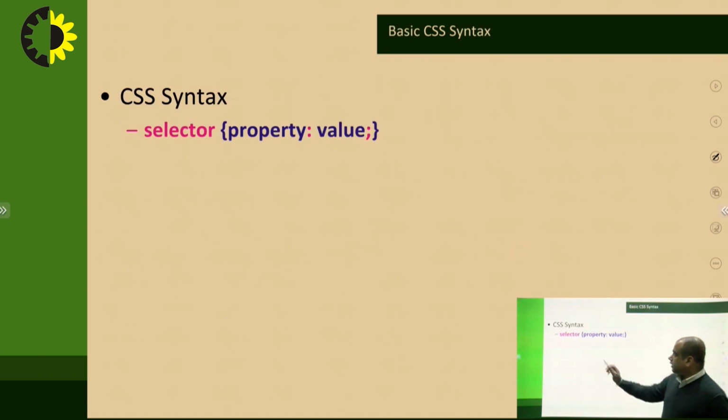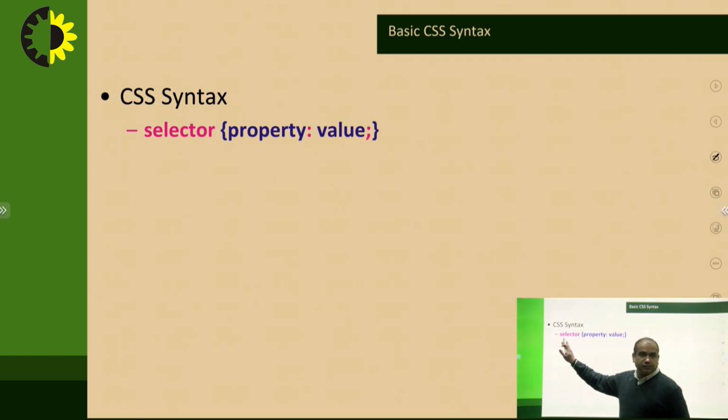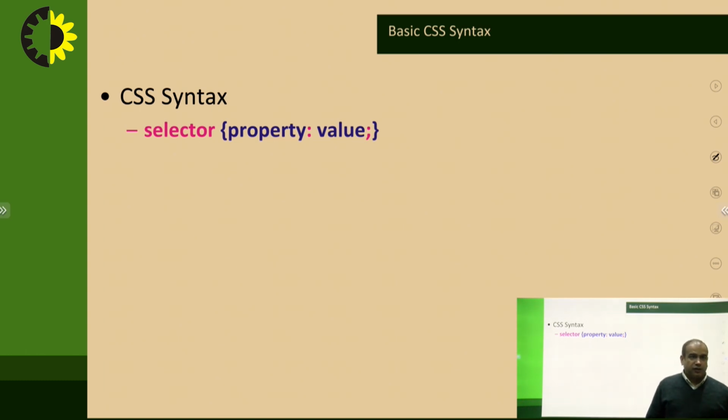Here, first we define the selector. A selector can be your HTML tag, the property is that particular attribute, and the value is that attribute's value.